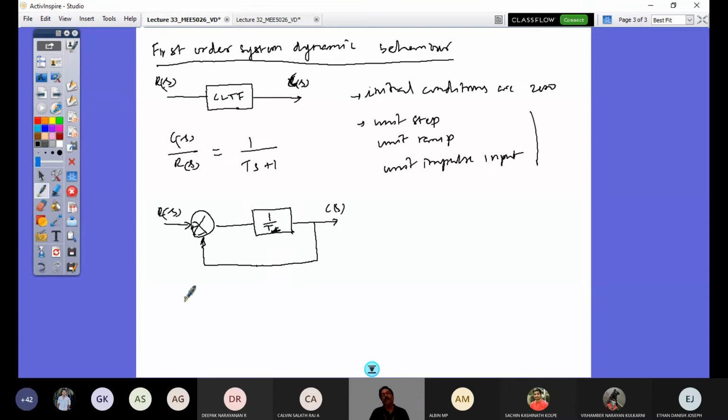So here I would have my closed loop transfer function as 1 by 1 plus 1 by Ts into 1.